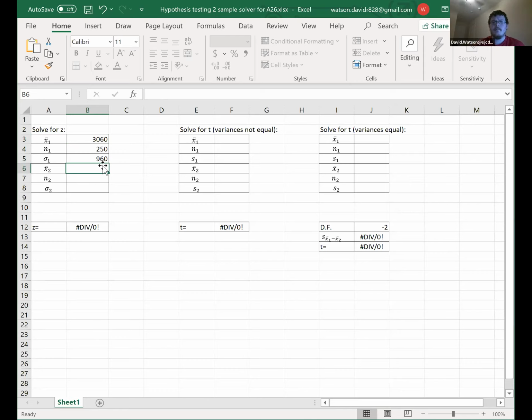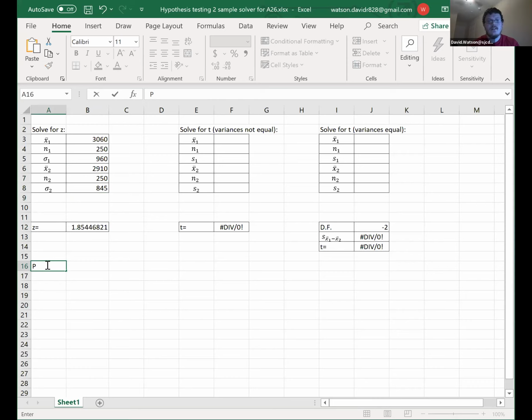So make sure you're paying attention when you plug it in, that you don't plug stuff into the wrong spot. Same thing for the second sample: 2,910, 250, and 845. And it tells you your Z right away. So we get Z is equal to 1.85 approximately if we round it to 2.